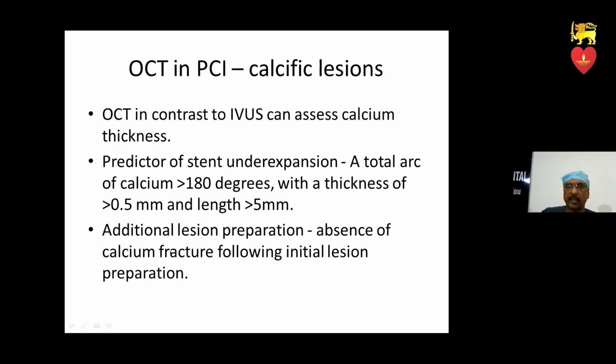You will need to fracture this calcium either by rota or lithotripsy. And once you do it, you can even look at calcium fracturing. Once you see calcium fracturing on such thick calcium, you know that you have prepared your bed adequately.